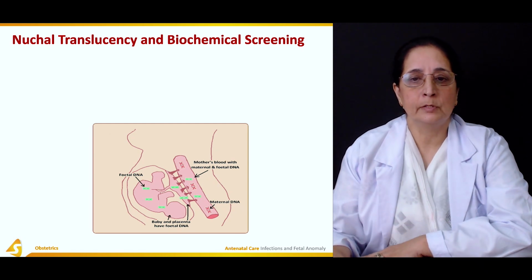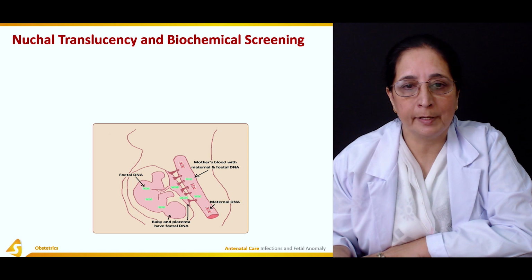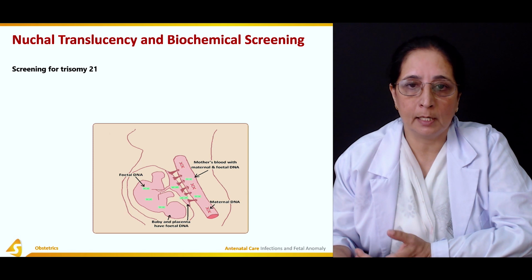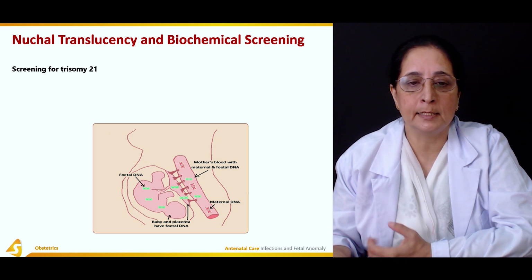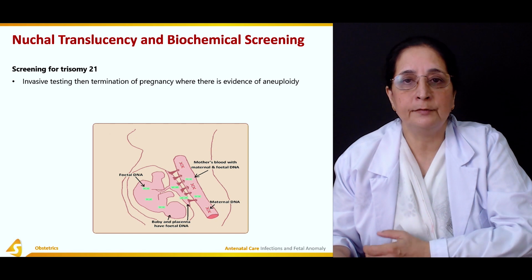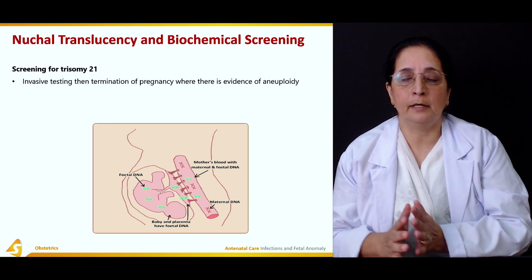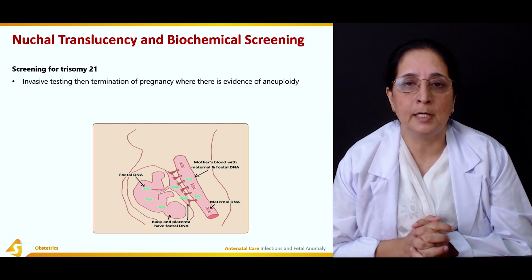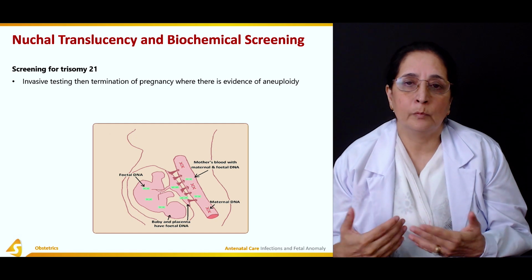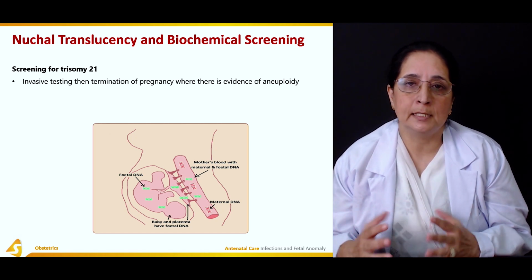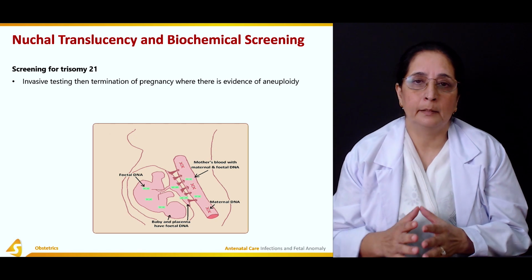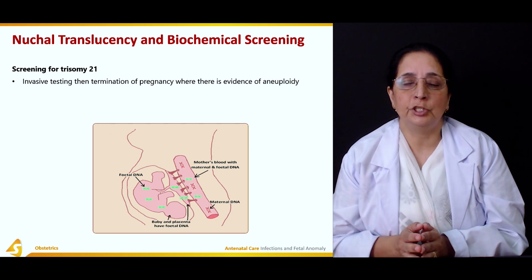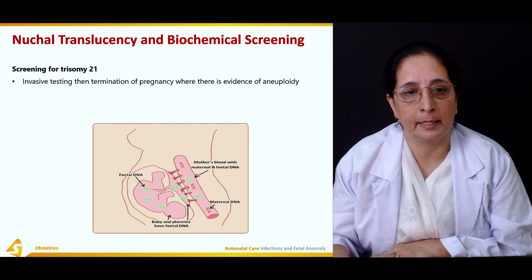Then nuchal translucency and biochemical screening. Screening is done for trisomy 21, which is a chromosomal abnormality. It involves invasive testing, then termination. If screening for trisomy or any chromosomal and genetic abnormalities is done and it is found that the baby has this problem, then usually termination of pregnancy is recommended.